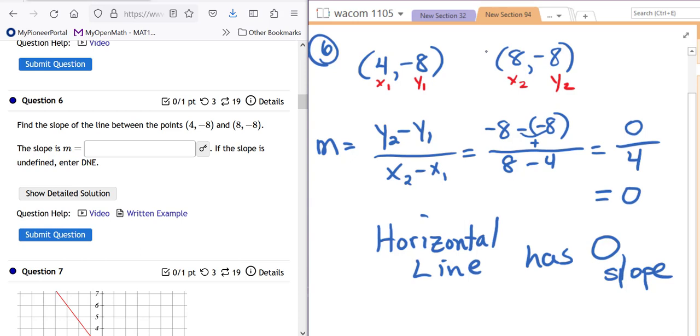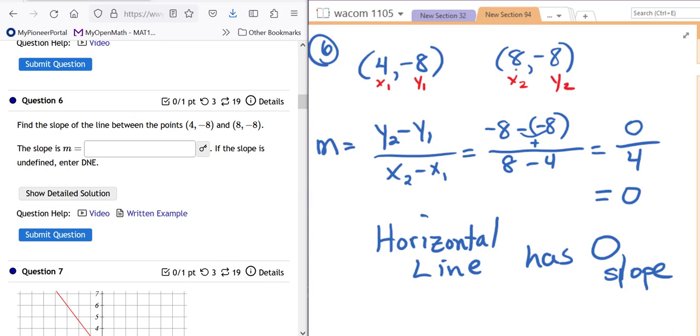When you look at the points to begin with, because my y's were the same, that might click for you ahead of time. If the x's were the same, like if both of the x's were 4, I would get a 0 in the denominator. And that would make it undefined, and then it would be a vertical line.